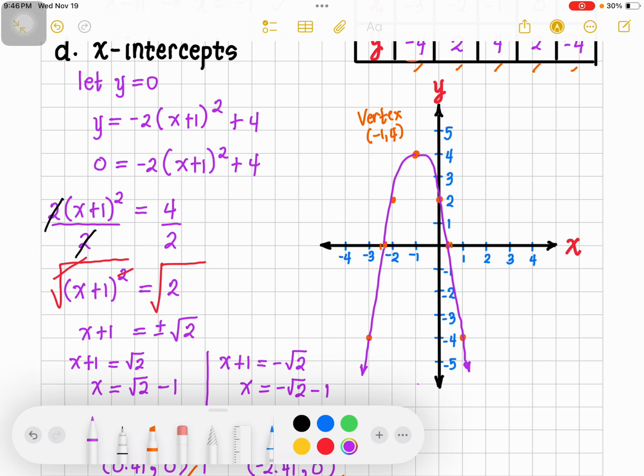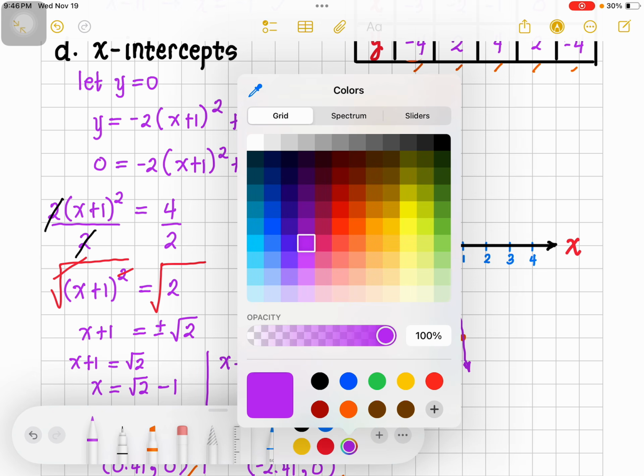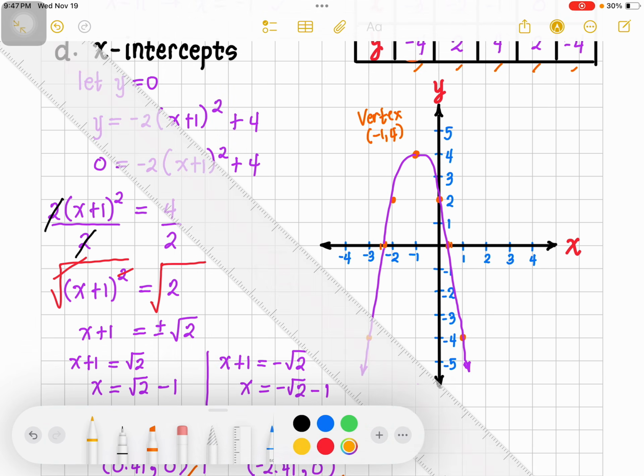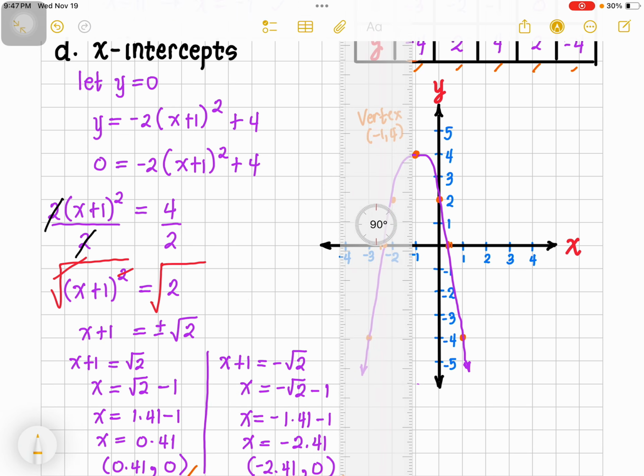Afterwards, lalagay natin si axis of symmetry, no? Ayan. So, dito yon. Dapat sabi natin sa axis of symmetry, it touches the vertex or it passes through the vertex, no? And it divides the parabola into two mirror images.